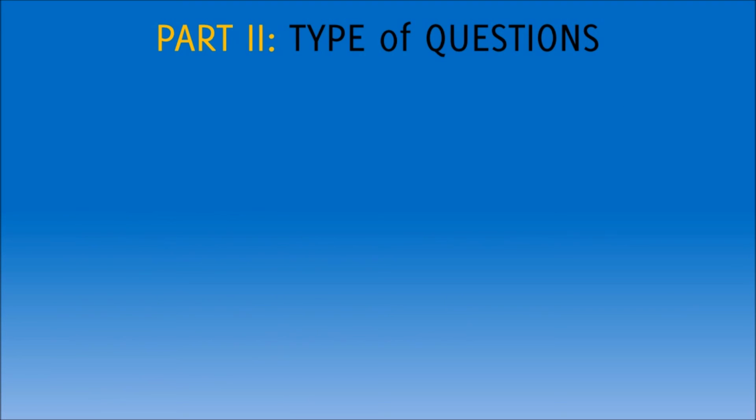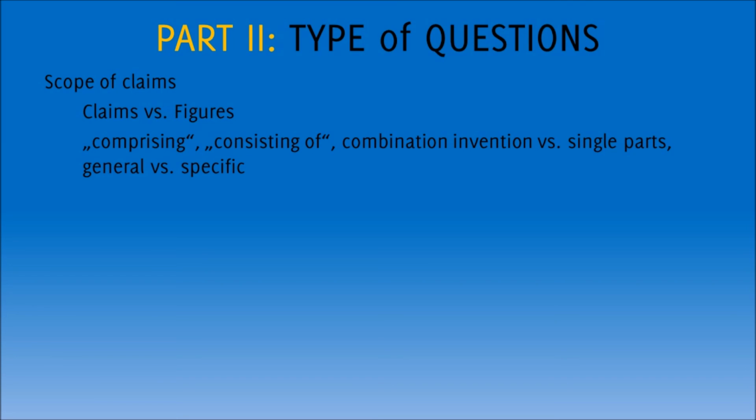Okay, now what general type of questions you have to expect in part 2? Of course, you will need to assess or analyze the scope of claims. That means you have to compare different documents with each other, for example, claims versus figures. You will have to judge certain wordings in the claims, like comprising versus consisting of, or combination inventions versus single parts of a combination invention.